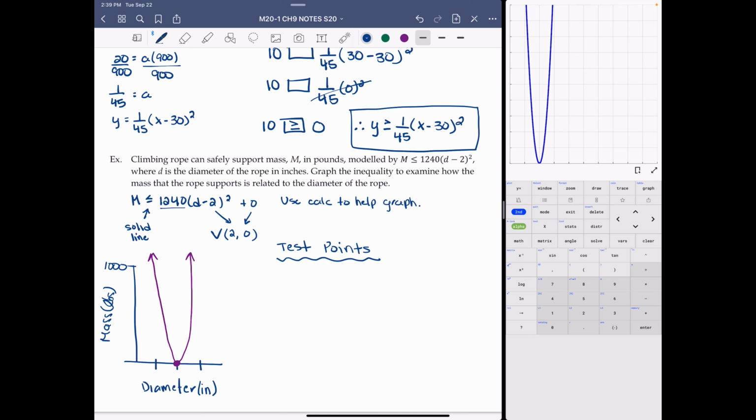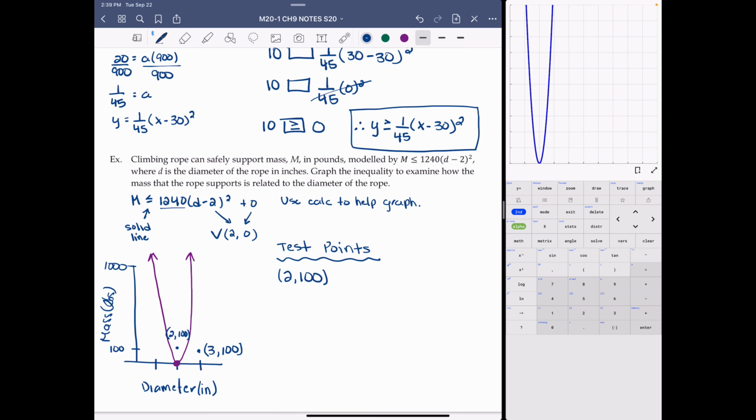So let's test the point 3, 100 for our outside point, and I'll test the point 2, 100 for my inside point. I'm going to do the inside first, doesn't matter.